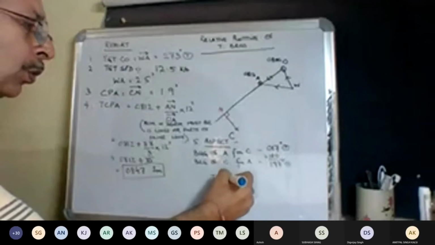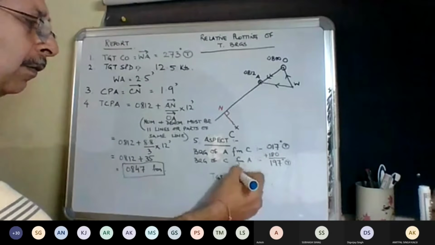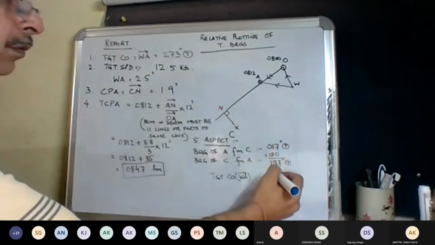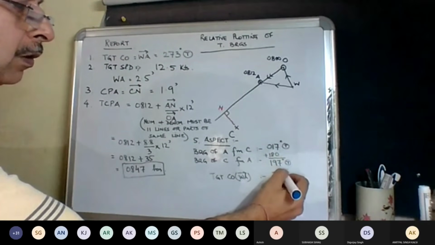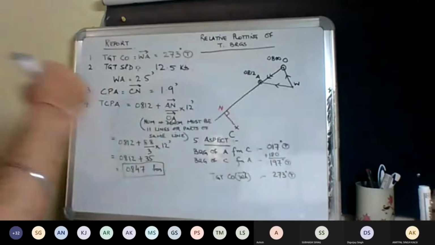Target course, that is WA, which I found out was 273 degrees true.